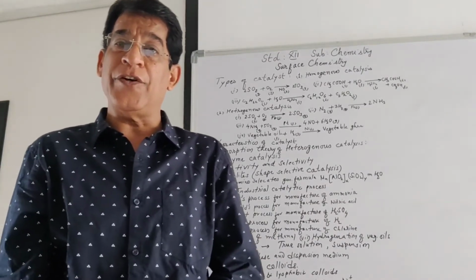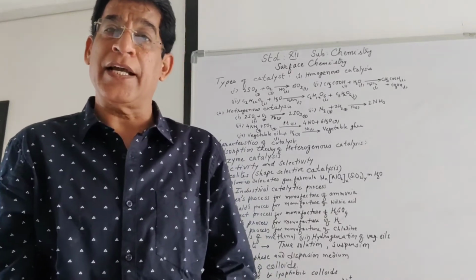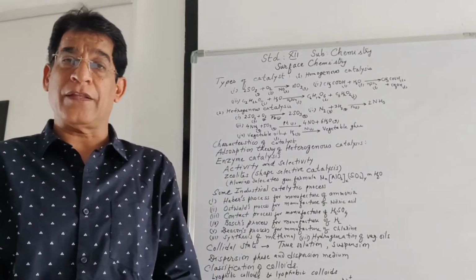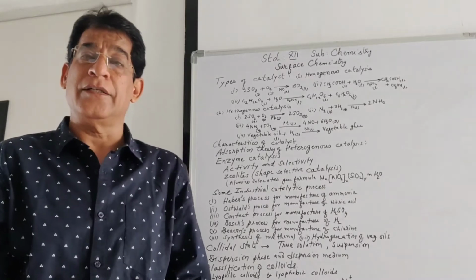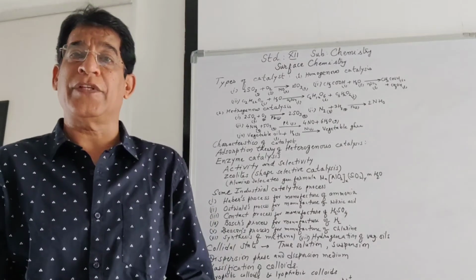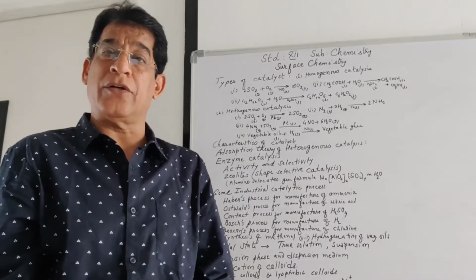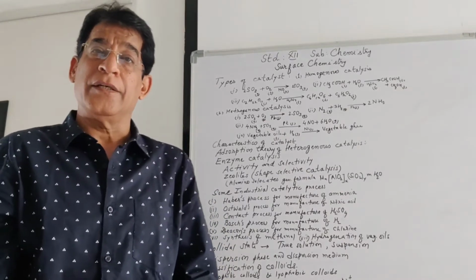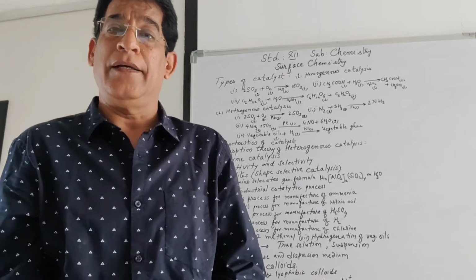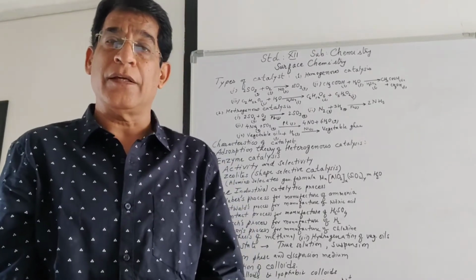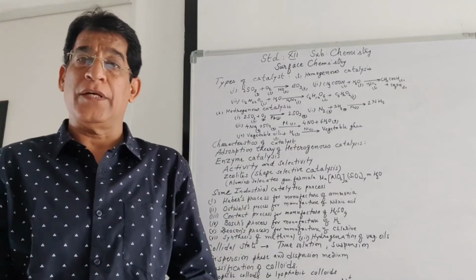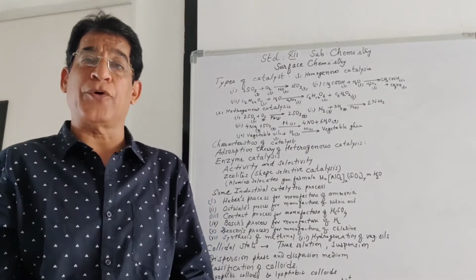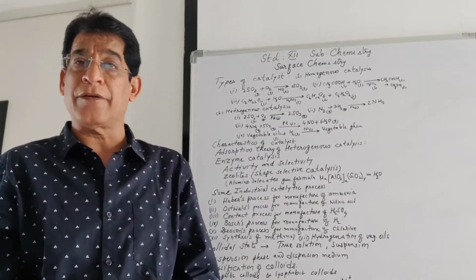1. Diffusion of the reactants to the surface. Second, adsorption of the reactant molecules onto the surface. Third, actual chemical reaction on the surface. Fourth, desorption of the products from the surface.